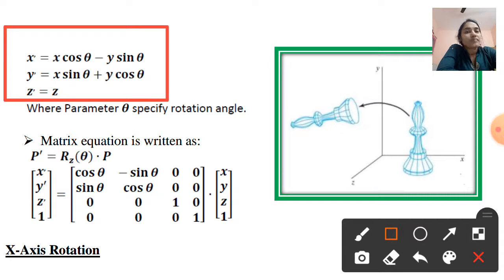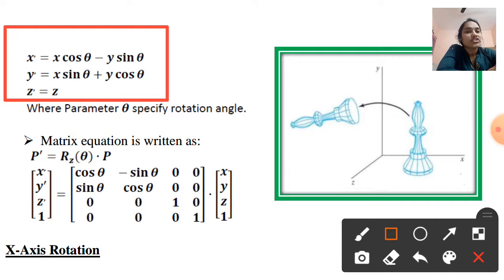So the matrix equation is written as P dash equals Rz theta times P. P dash is x dash, y dash, z dash, 1, and Rz theta is cos theta, minus sin theta, 0, 0; sin theta, cos theta, 0, 0; 0, 0, 1, 0; 0, 0, 0, 1. The first is our x, second our y, third our z.